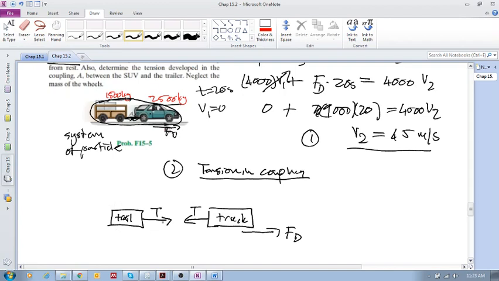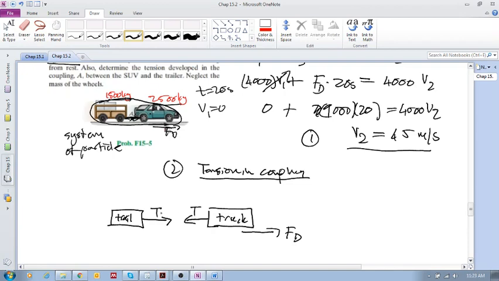So there's my one system, there's another system. Initially I chose both in my system, then these two forces cancelled out. But now if I isolate only one of the vehicles, then this is what I get.